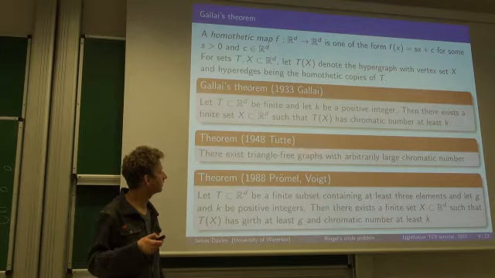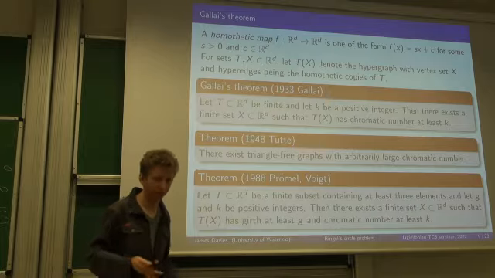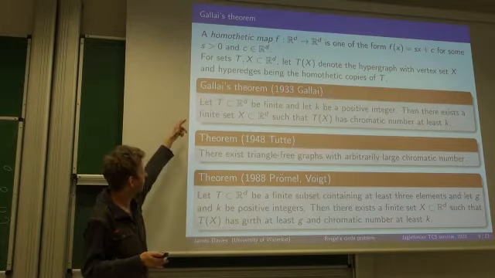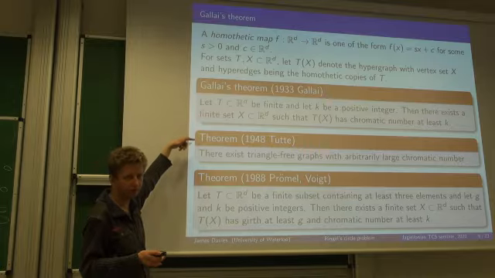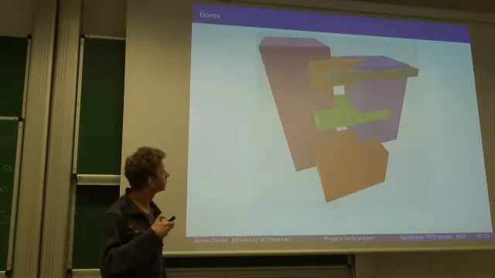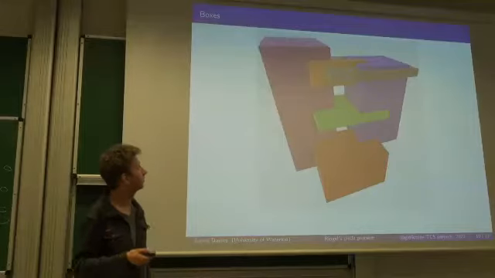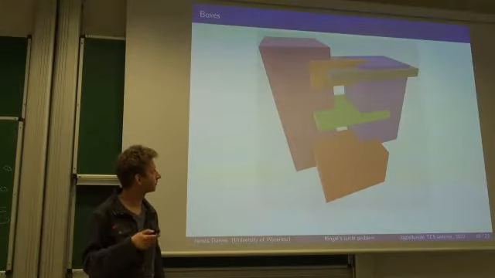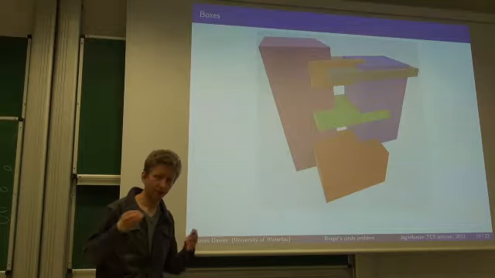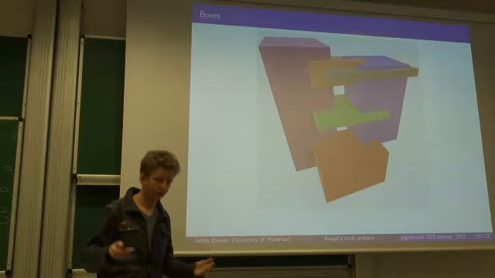Okay, so next I'll just show a couple of previous results from this idea of combining Gallai's theorem with modifying Tutte's construction. The first is on box intersection graphs. In this setting, we're looking at boxes in free space, and we'll be looking at whether or not they intersect.